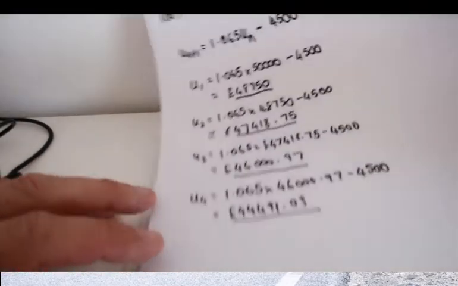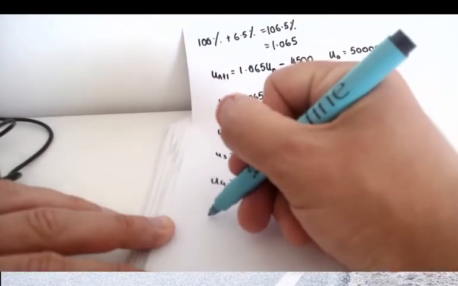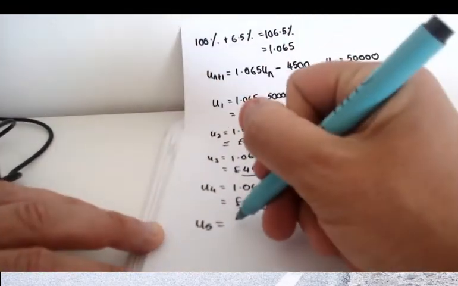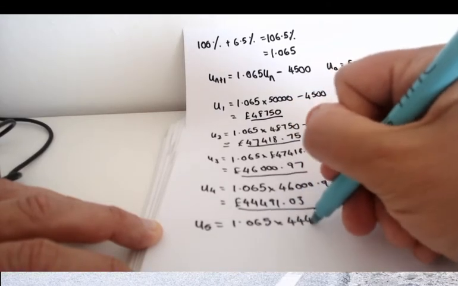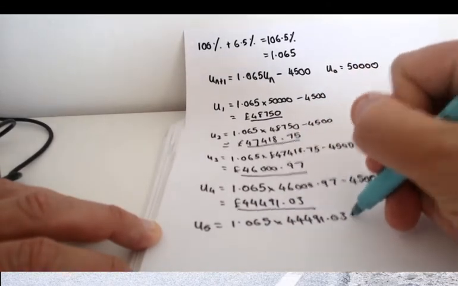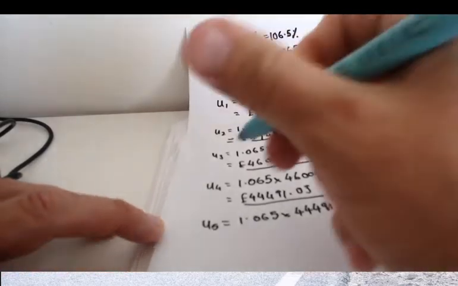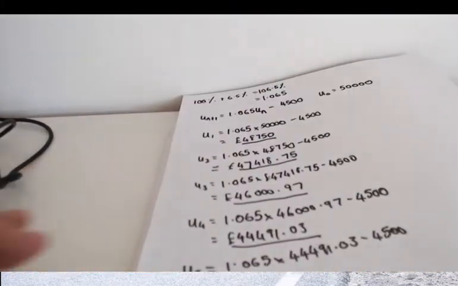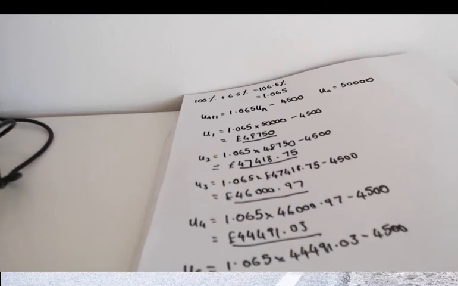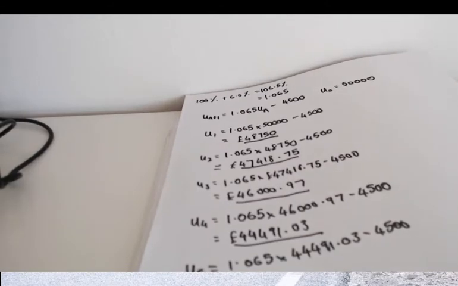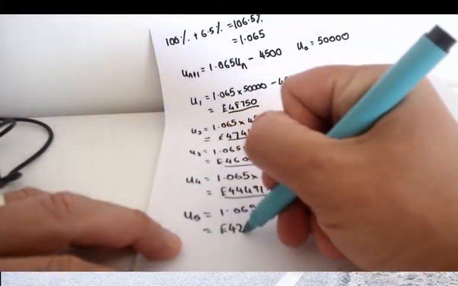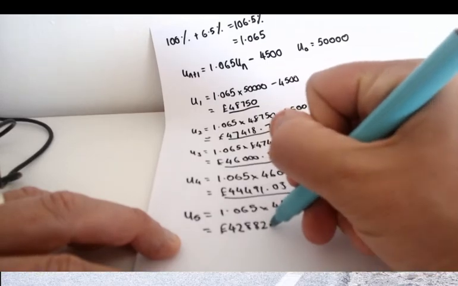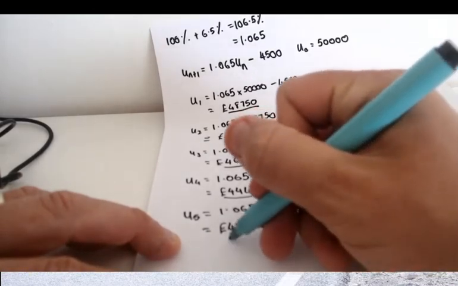And then finally, it wanted me to do U5. So that's going to be 1.065 multiplied by my last answer, take away £4,500. And that's going to give me, as the final answer for how much I owe the bank after 5 years, £42,882.95.